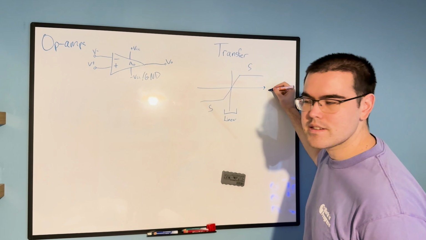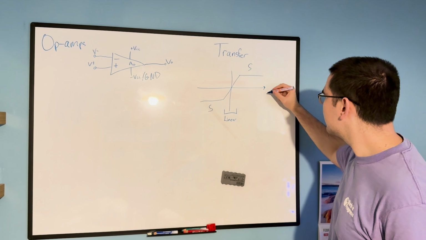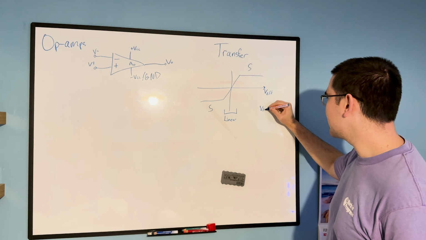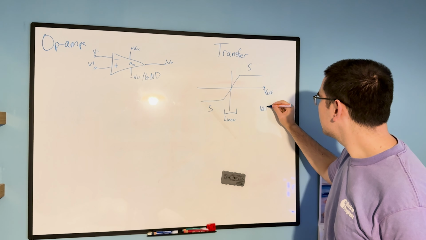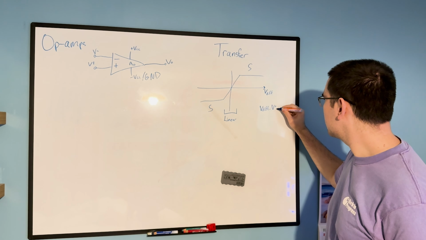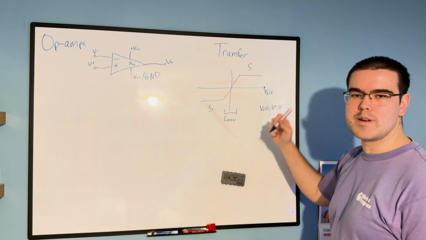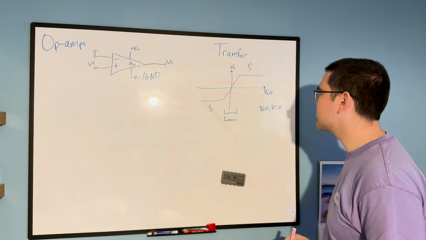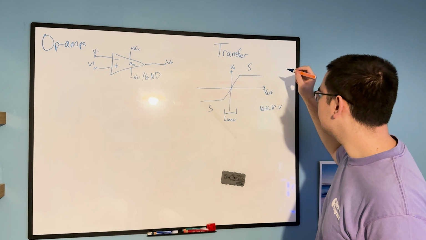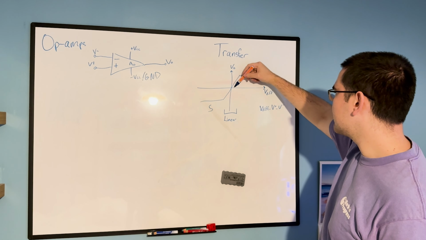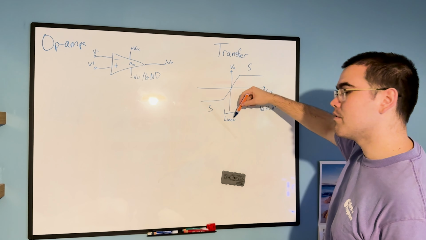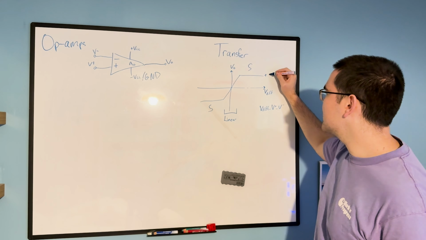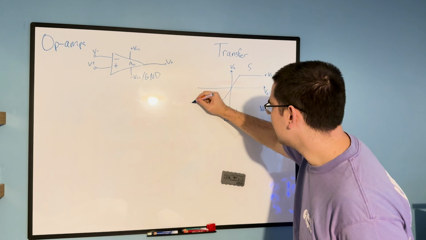On the x-axis, we have the difference voltage, VDIF, which is just the difference of the two terminals, V plus minus V minus. And on the y-axis, we have the output voltage. Okay? If the difference exceeds this linear boundary, then it saturates at the supply rail limit. So this could be plus VCC, this could be minus VCC.